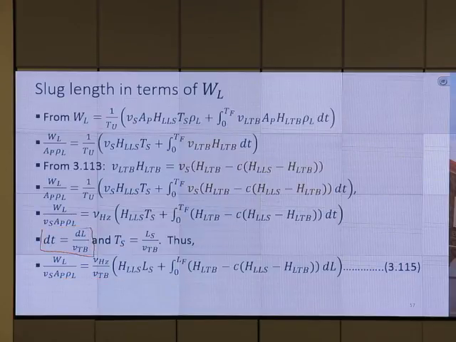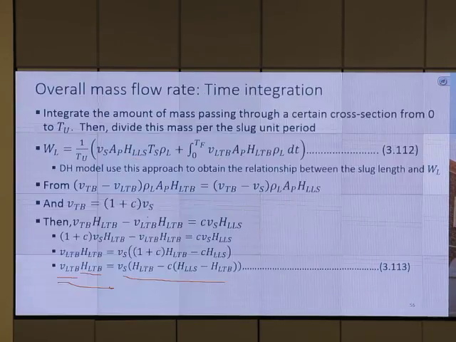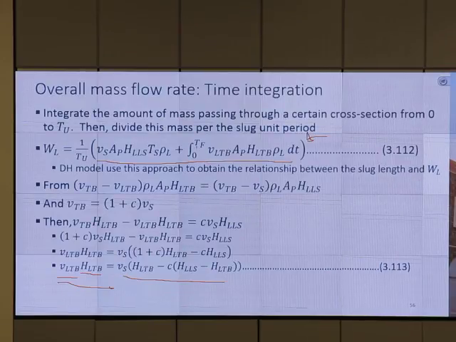When you change dl equal to vtb dt, or dt equal to dl over vtb, substitute this into your original equation, which is this term. dt is dl over vtb. Substitute it there. Then from 0 to tf, we integrate from 0 to lf. Then you can do your numerical integration.